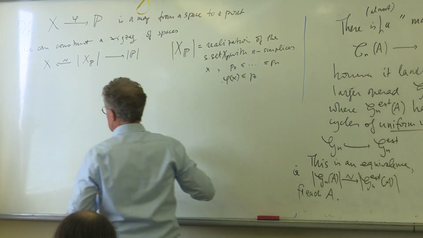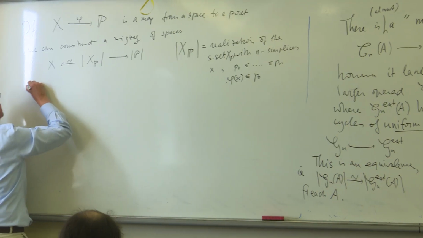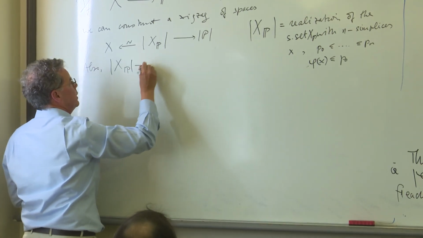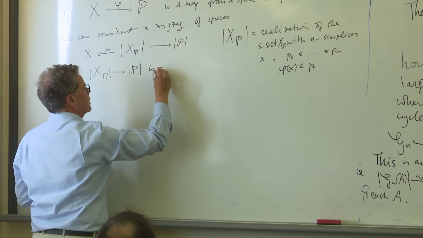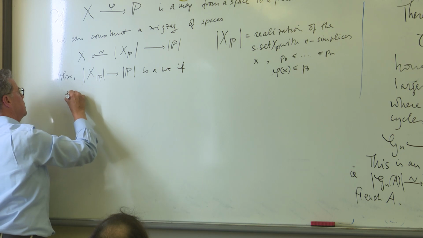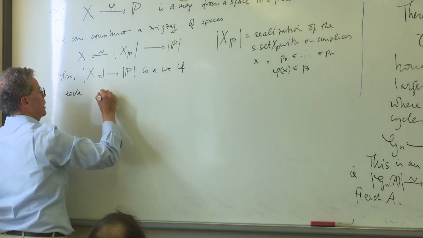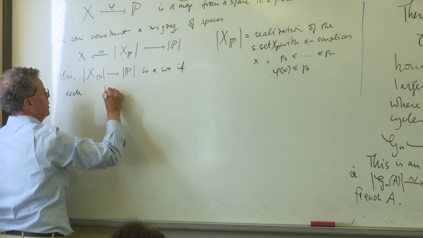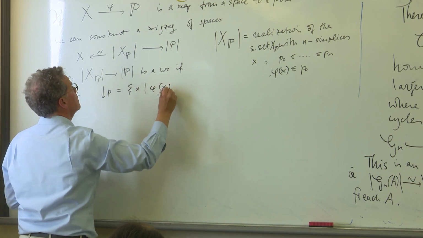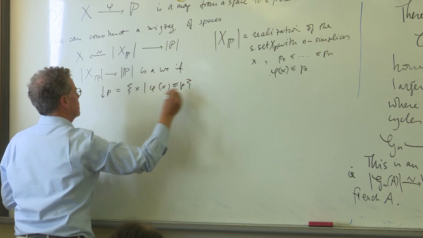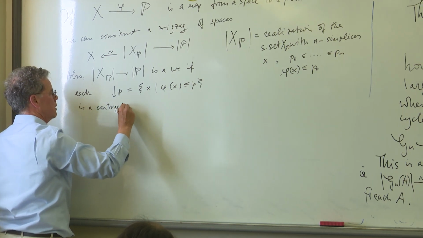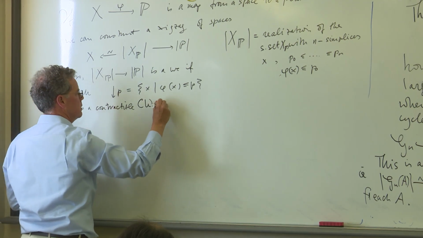So the right-hand side, X_P to P, is a weak equivalence if each down-set of P, the x such that phi of x is less than or equal to P, is a contractible CW complex.